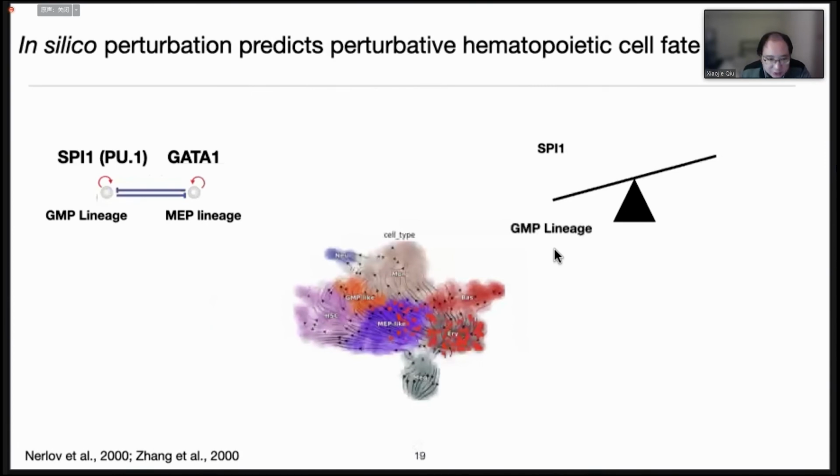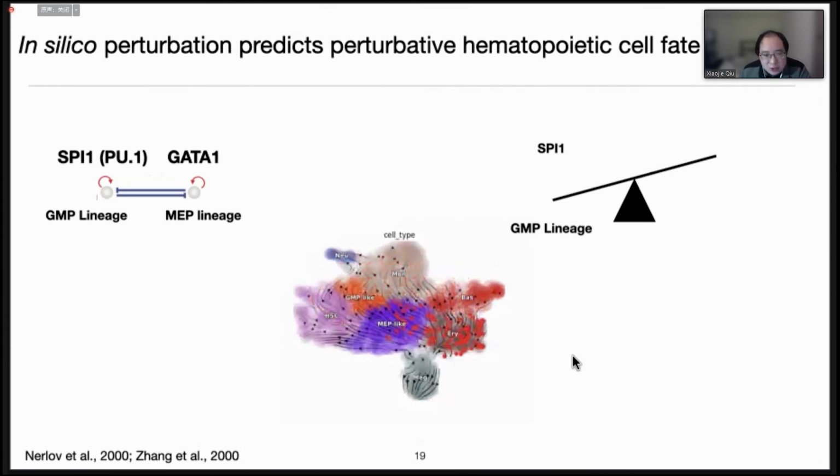As you can see from our prediction with Dynamo, the cells indeed move from erythroid or MEP-like cells to become neutrophil and monocyte cells. This is nicely consistent with the previous biochemistry experiments.